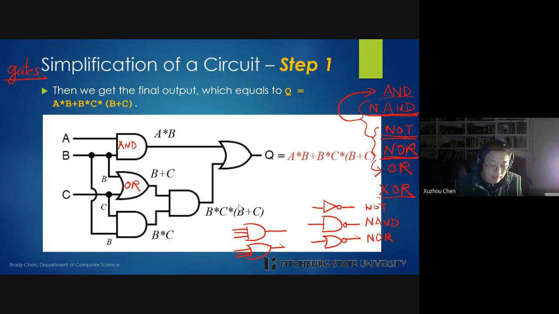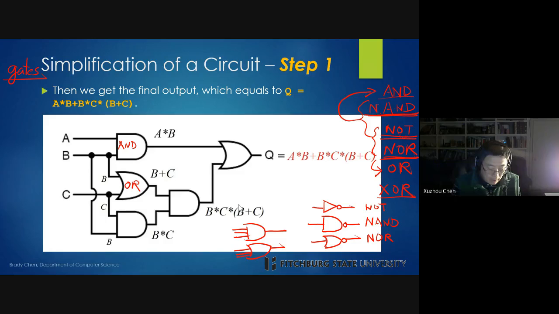Now then comes a question: what is the simplest Boolean expression, or what is the simplest electronic circuit? Unfortunately, there's no general definition of the simplest form of a logical expression or Boolean expression. Therefore, it's hard to say which electronic circuit has the simplest form.